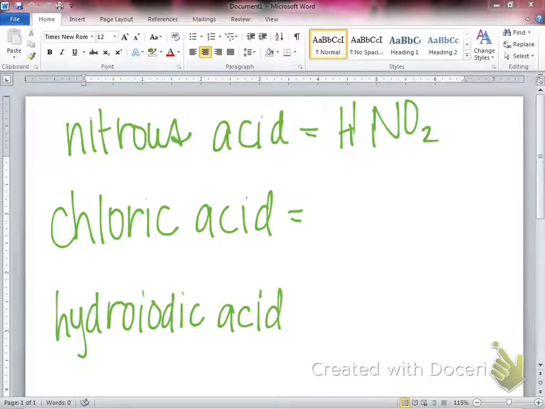Okay, Abby, what do you think for the second one? Chloric acid. I have HClO. Do we agree? Not quite. Okay, that's okay. So, chloric means it has to come from what polyatomic ion? It needs to come from chlorate. What's chlorate's formula?